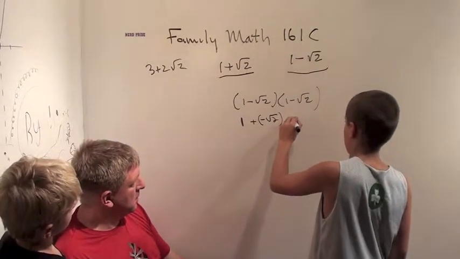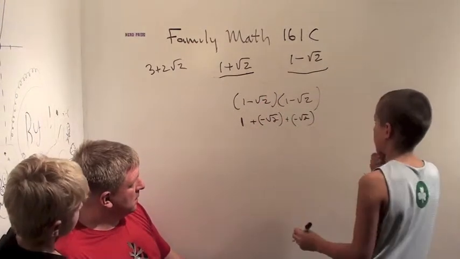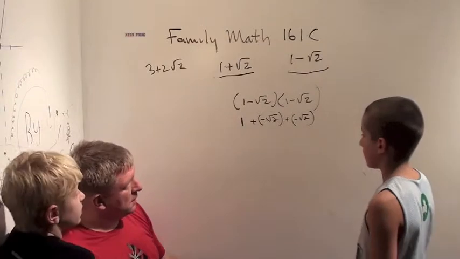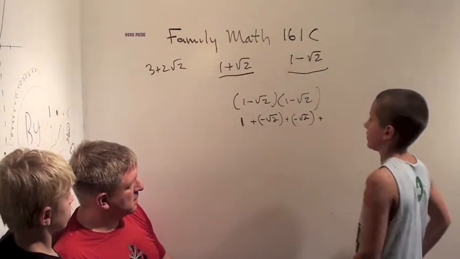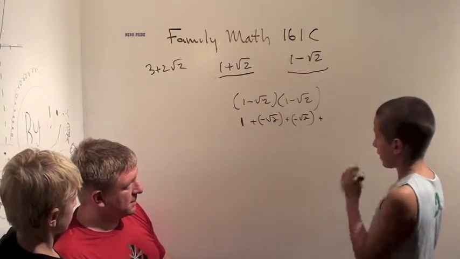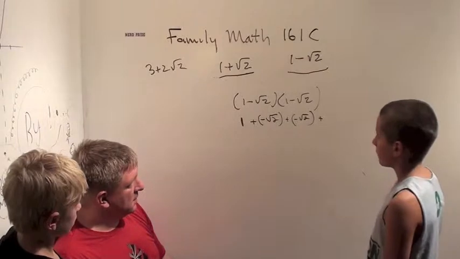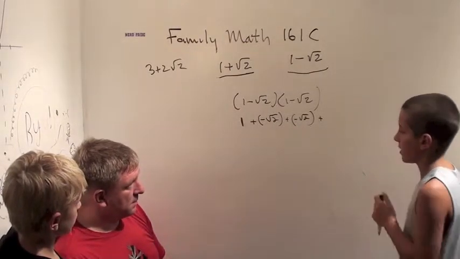And then again. And then we get minus the square root of 2 times minus the square root of 2, which is 2. Or is it? Minus the square root of 2 squared. What is that?